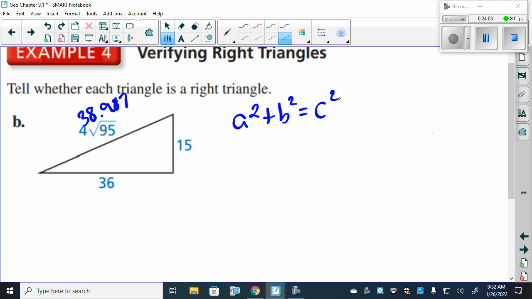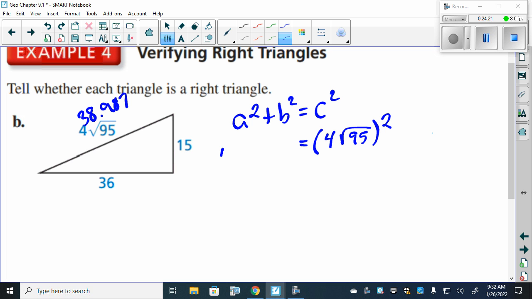And most likely it is going to be the biggest side with the radical. Now, that means that c squared is going to be our 4 square root of 95 squared.